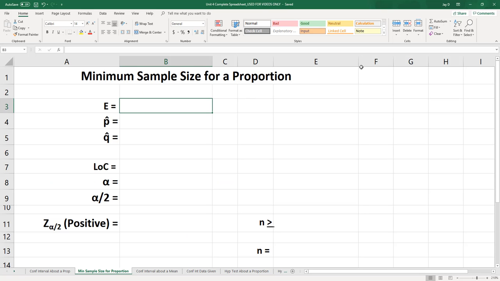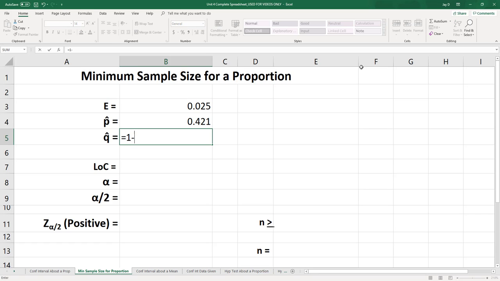Here we are in spreadsheet mode, and I have it set up already. E for this problem is equal to 0.025. P hat is equal to 0.421. Q hat will let the spreadsheet do that. That will be equals 1 minus whatever we got for P hat.